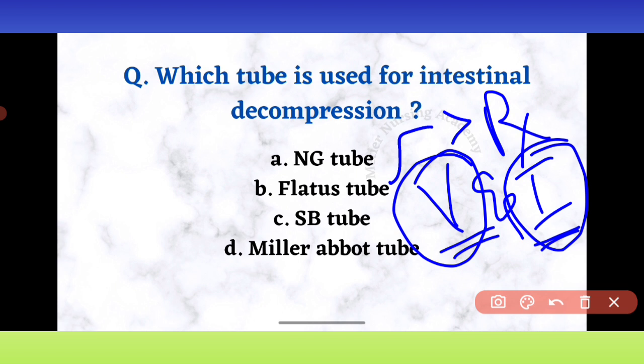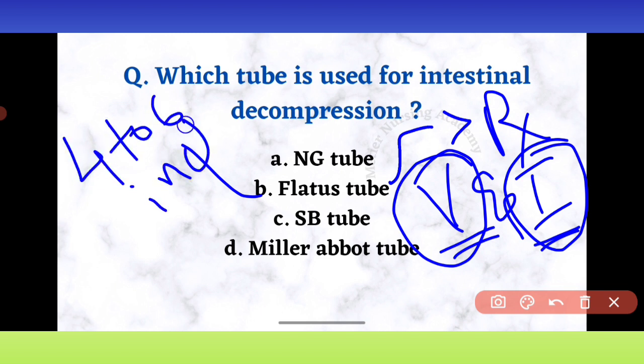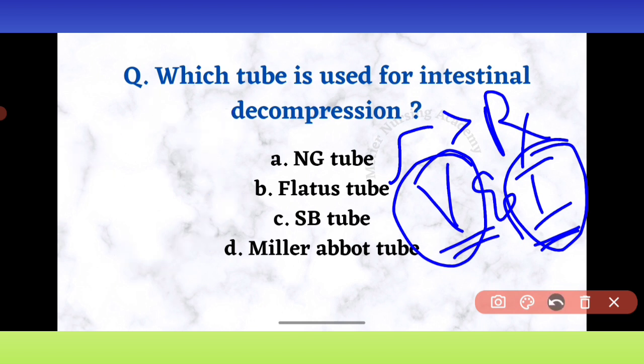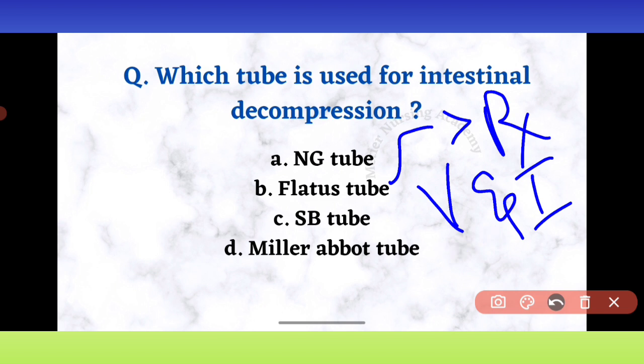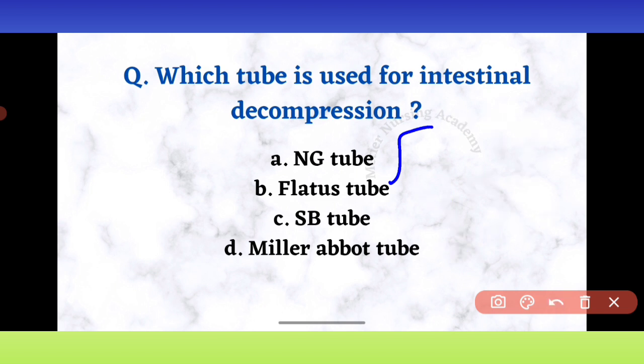And the next golden point here is it has to be inserted 4 to 6 inches only, in the anal region. How many inches do we have to insert? 4 to 6 inches only. And the next golden point is you should not keep this tube more than 20 minutes in the anal region.